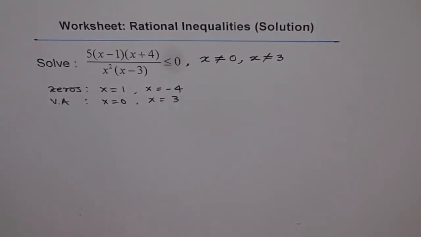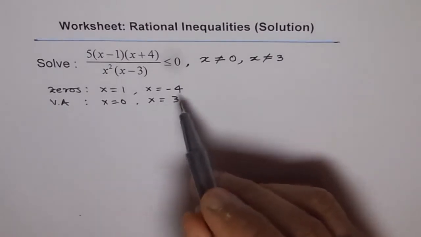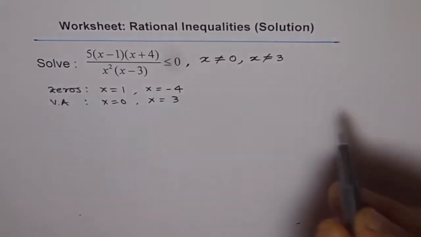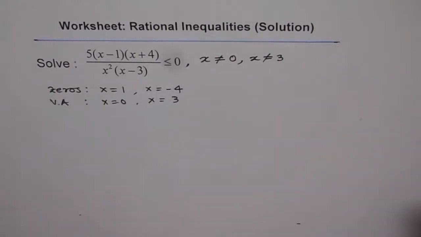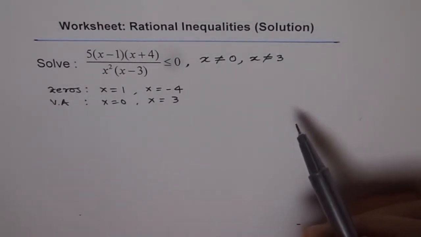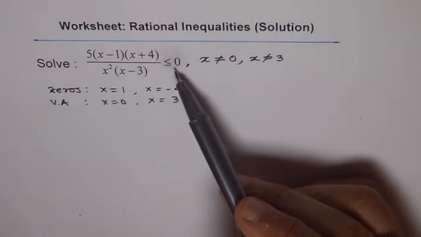Now, if you see the graph of this function, these zeros and vertical asymptotes are going to divide the coordinate plane into different regions, right? Those regions need to be tested for being positive or negative. We are interested in those which are negative, right?